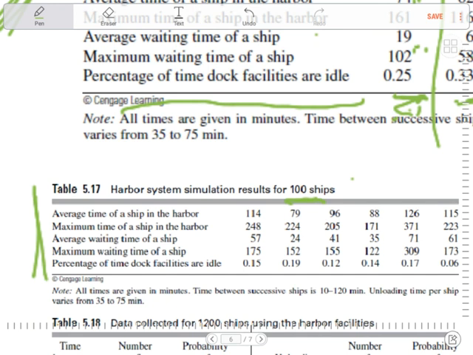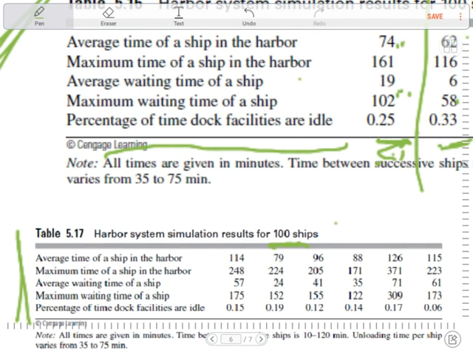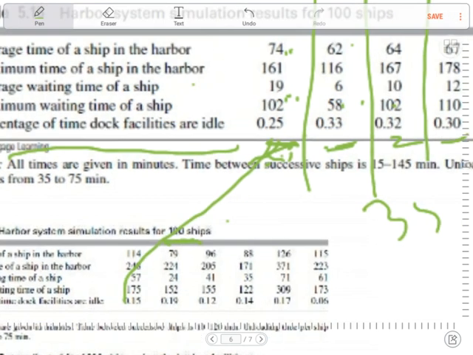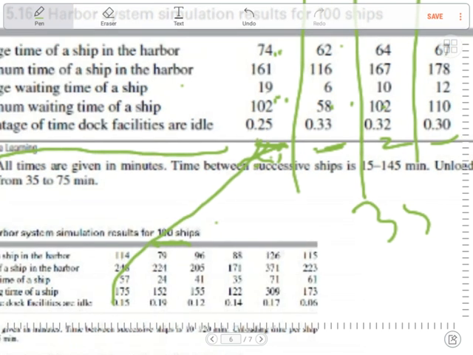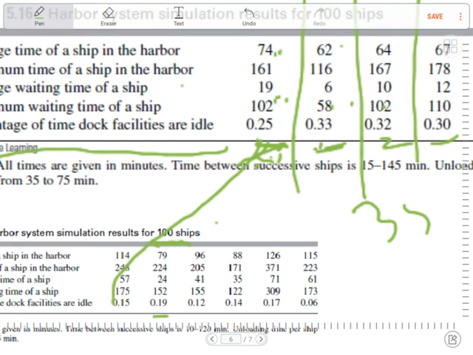So we will get 5.17, and you can simply see that the idle time for the docking facilities has again decreased. 0.25 was for 5.16, here it is 0.15; 0.33 is now 0.19.